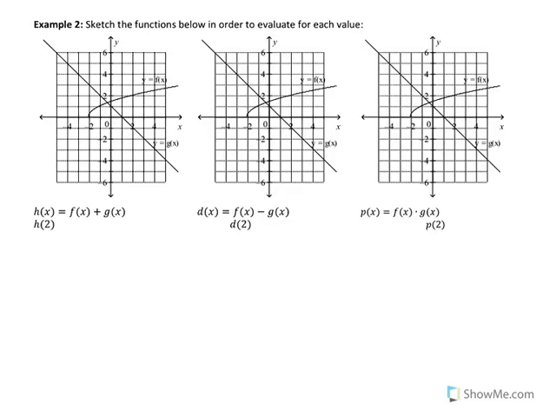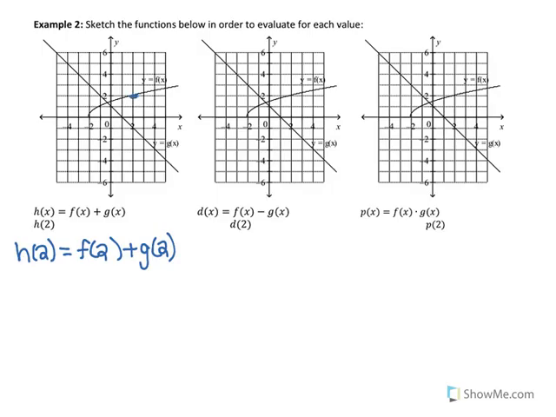And this can be done algebraically as well. So if we're going to evaluate h at 2, that means we're going to do f at 2 plus g at 2. If I look at f at 2, that's when x is 2. Remember, we're replacing our x values.